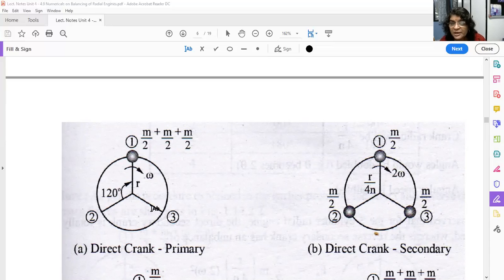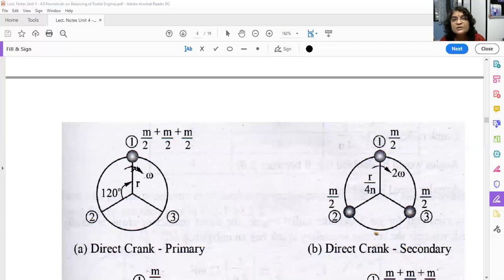Then cylinder number 3, I am rotating through 240 degree. It will also come here, in the direction of rotation. So here also m by 2. So what has happened now? All these m by 2, m by 2, m by 2 have gathered here. So m by 2 plus m by 2 plus m by 2, all masses are concentrated here. We will analyze this later on.